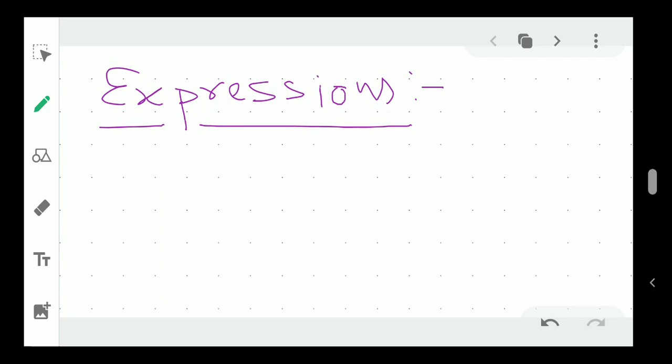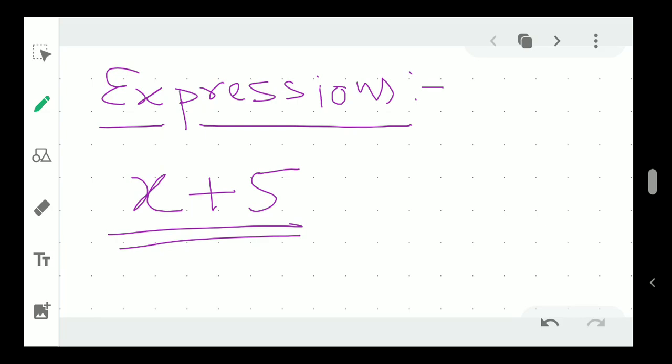If I say that I have 10 chocolates and you have 5 more than me, that means you have 15 chocolates. In the same way, 5 more than x, so x plus 5 will be my answer.